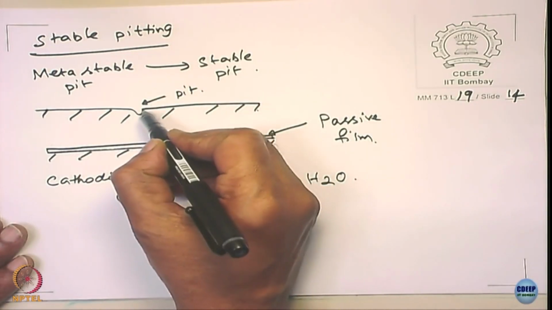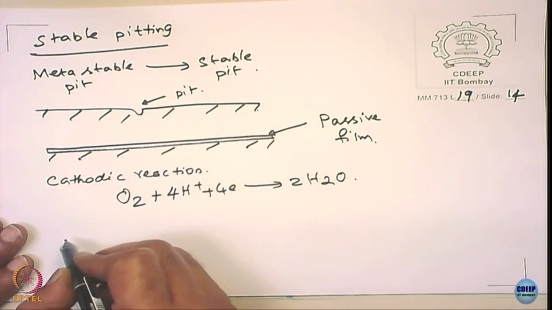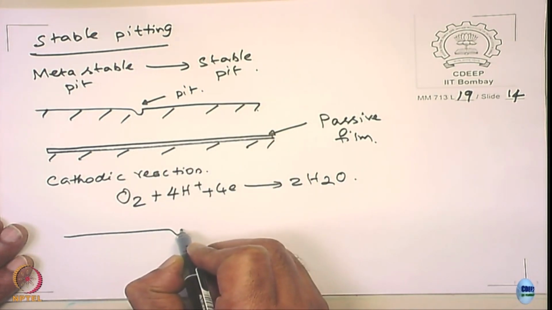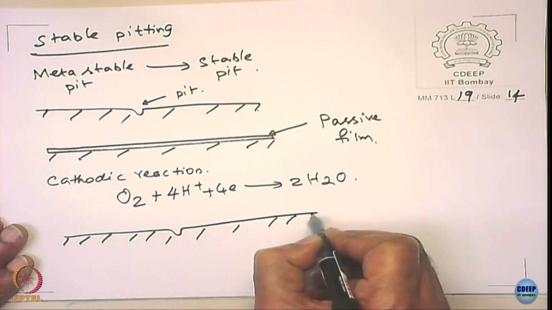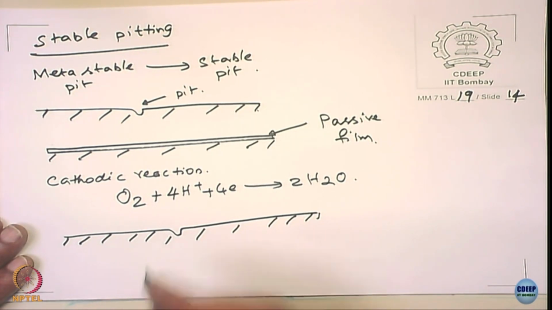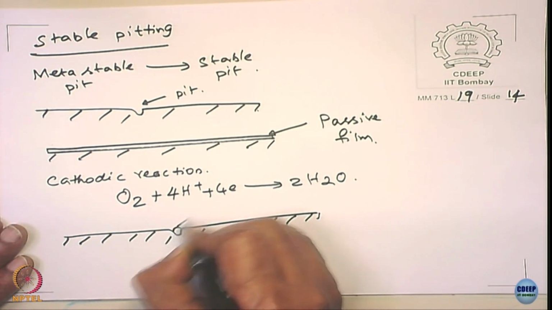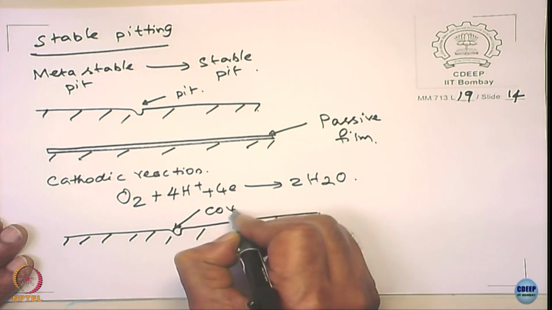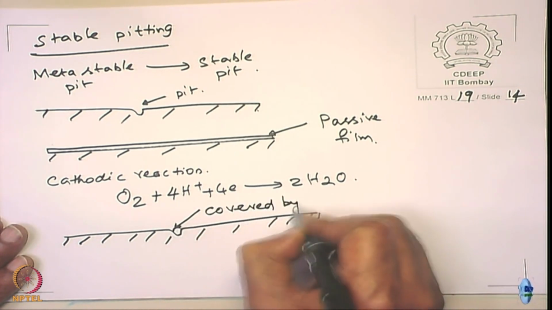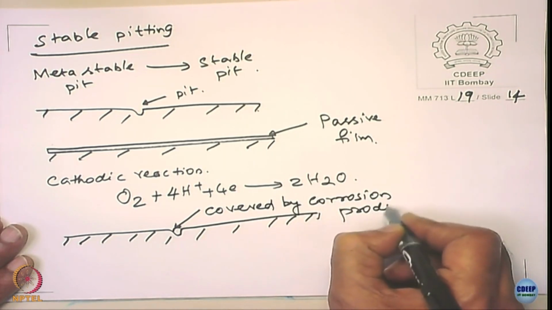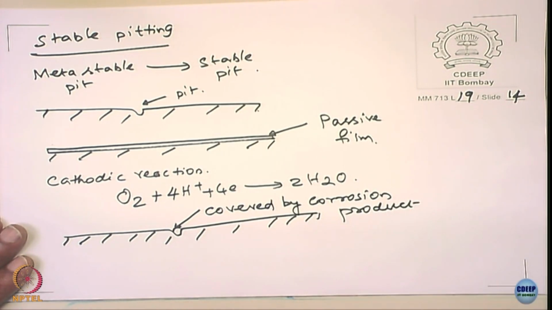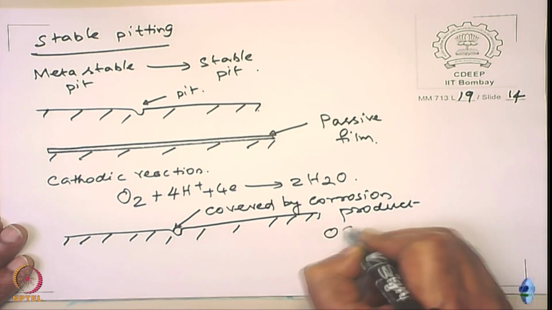Now assume that there is a pit formed. If the pit is covered by corrosion products, passive film, whatever can happen, then it becomes an occluded cell.